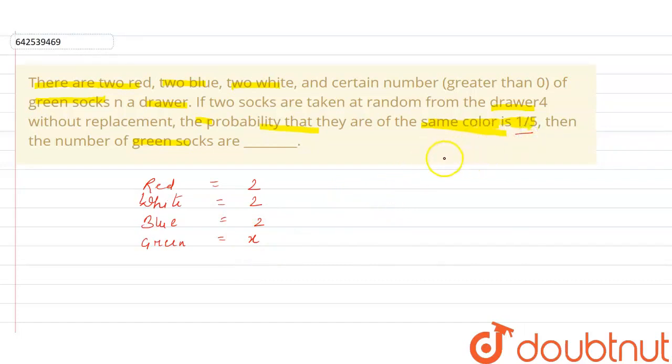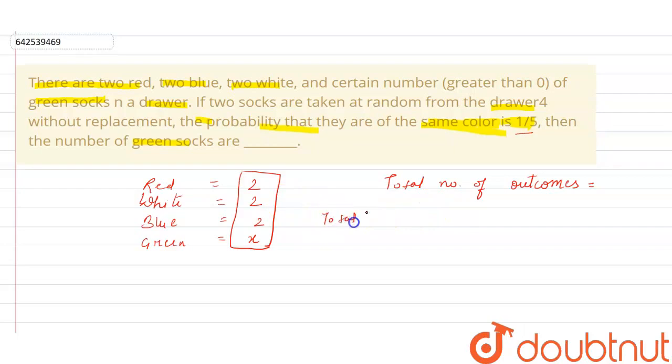We know the basic formula for probability, and that is favorable number of outcomes upon total number of outcomes. So let us find the total number of outcomes. How many total socks do we have? We have 2 plus 2 plus 2, that is 6, plus X. We have 6 plus X total socks, right?